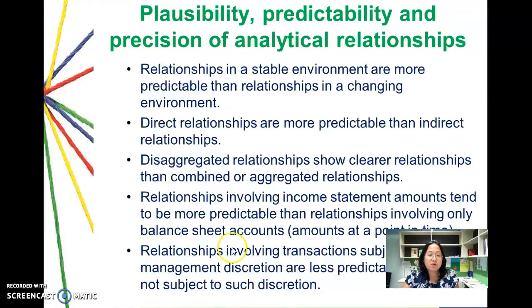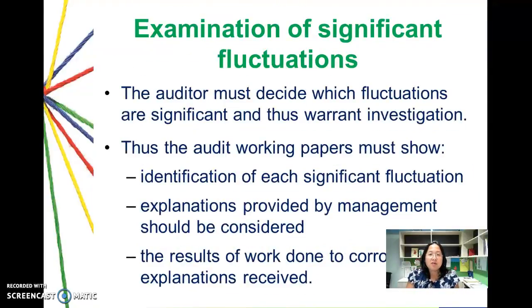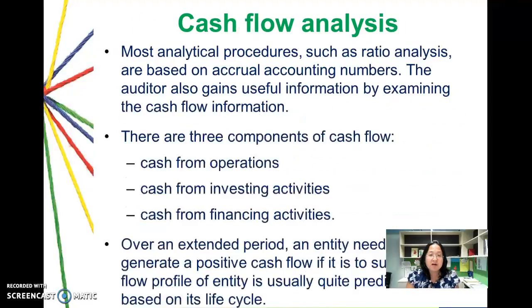For example, they can compare with the environment: if the environment is stable, the data will be more reliable. The auditor then has to look at the fluctuation, whether it is significant. If the fluctuation is significant compared with the budget, the forecast, or the previous year, it indicates an area that the auditor needs to investigate more.